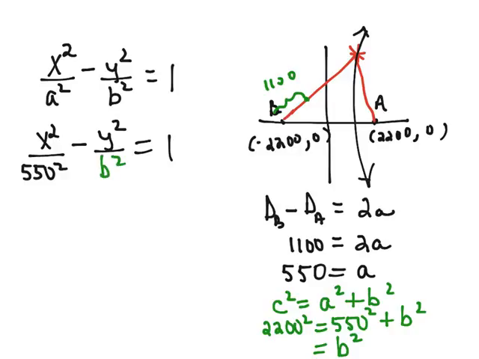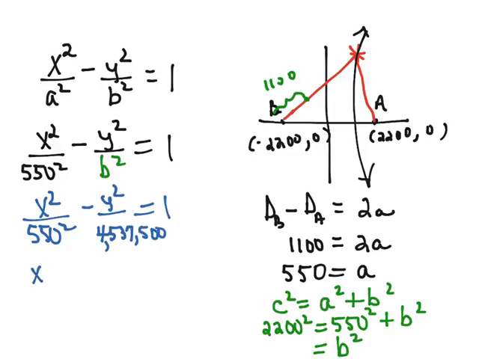And when we do that, we take 2,200 squared and subtract 550 squared. We get 4,537,500.